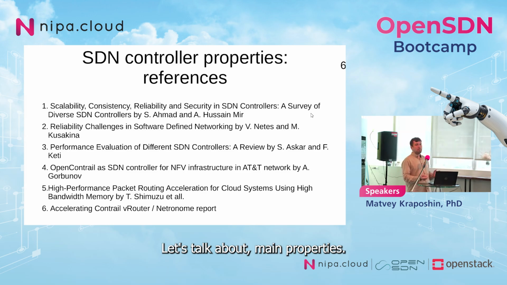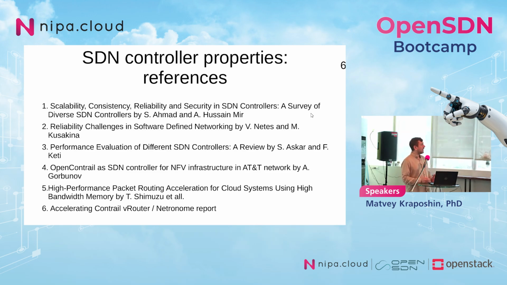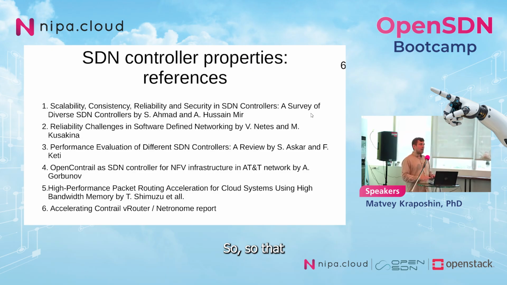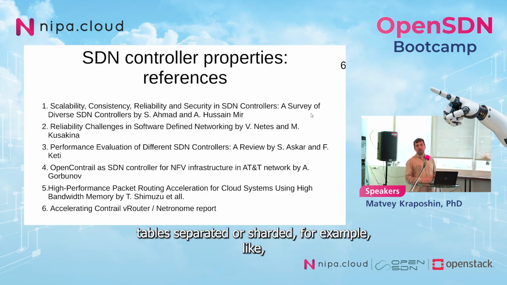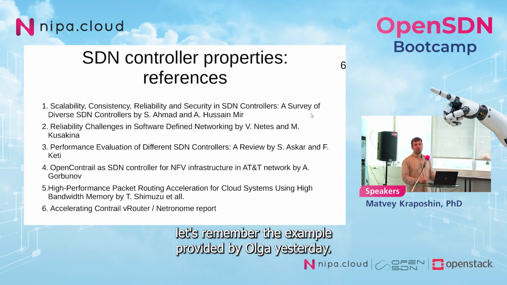Let's talk about the main properties of an SDN controller. They are scalability, an ability to increase the number of resources horizontally; consistency, an ability to keep tables in parallel computations in a consistent state, so they match each other if we keep tables separated or sharded, for example, let's remember the example provided by Olga yesterday.